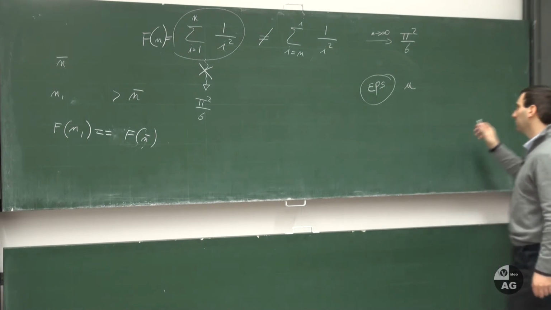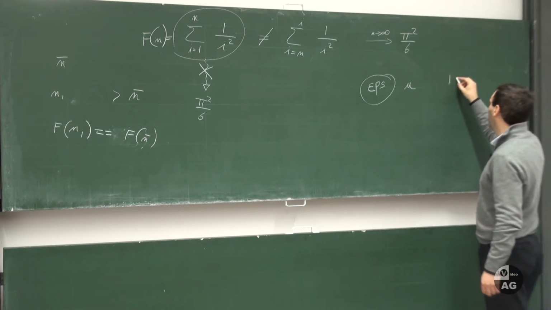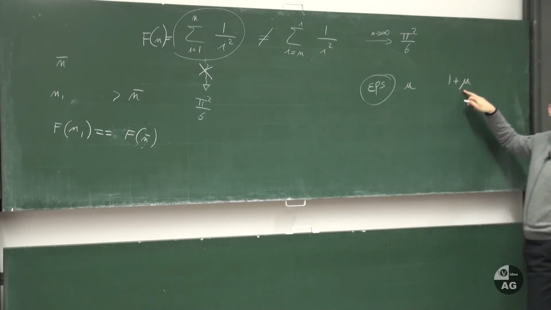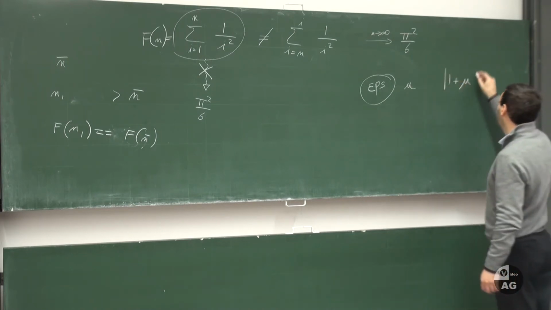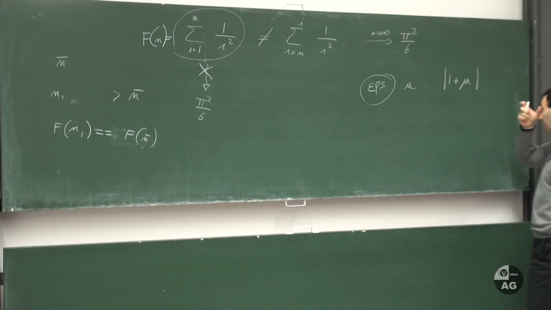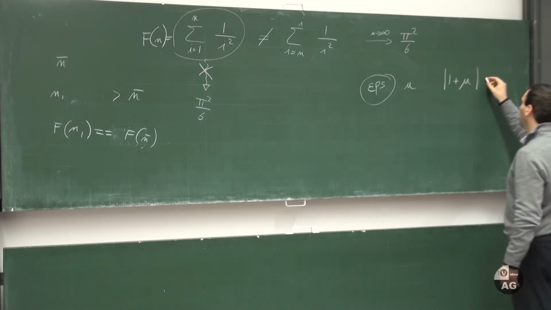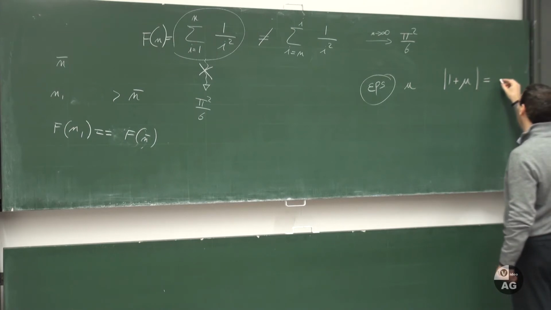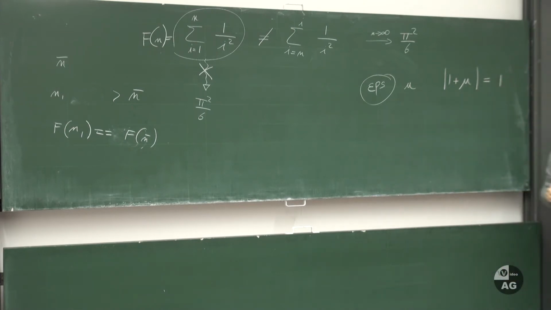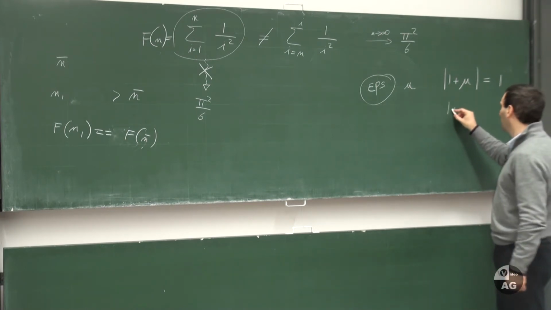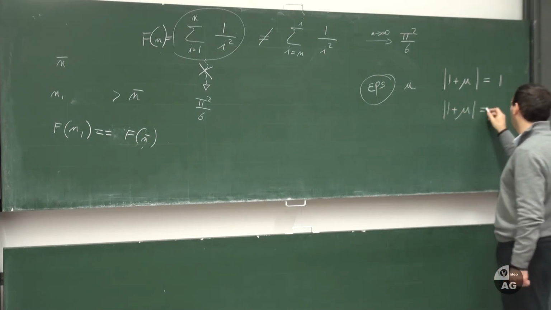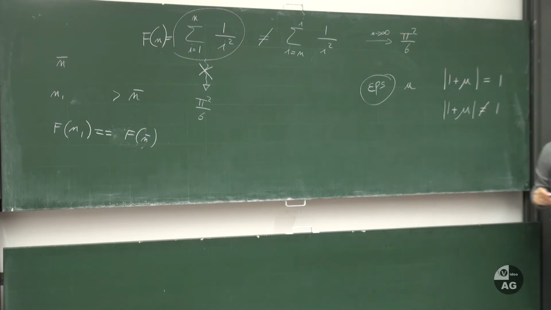For instance, one of the definitions was the largest u such that 1 plus u is still equal to 1, or it's the smallest u such that 1 plus u is not equal to 1.